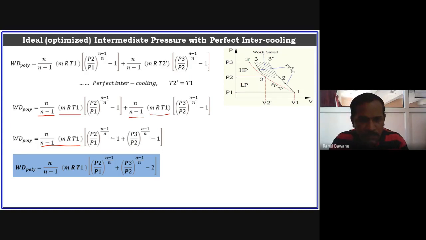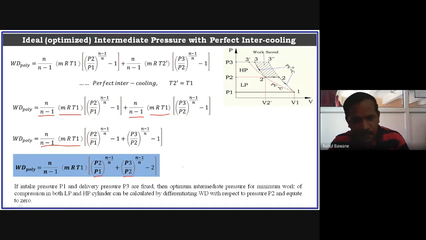On simplifying, n upon n minus 1, mRT1, [(P2 upon P1) raised to (n minus 1) upon n, plus (P3 upon P2) raised to (n minus 1) upon n, minus 2]. Clear? This is our stage 1 pressure rise ratio and this is our stage 2 pressure rise ratio.